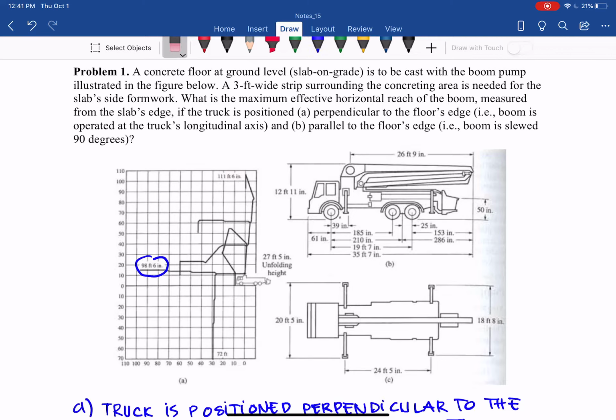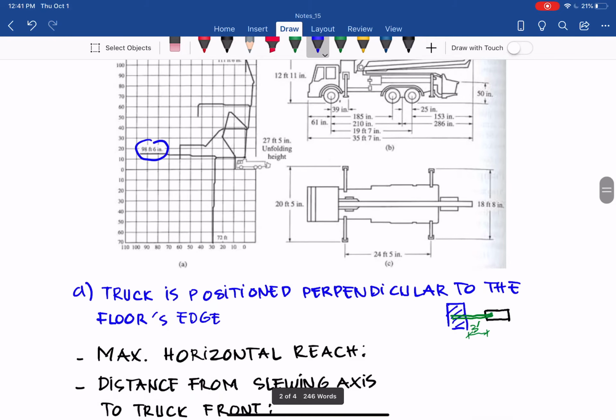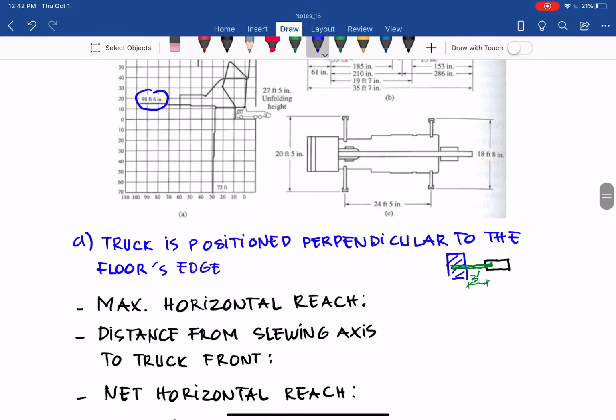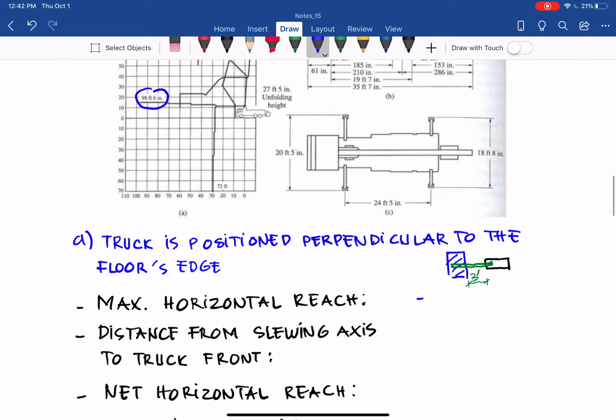So we talk about placing concrete on the ground floor, so horizontal reach, from the manual chart of the truck, is 98 feet 6 inches.